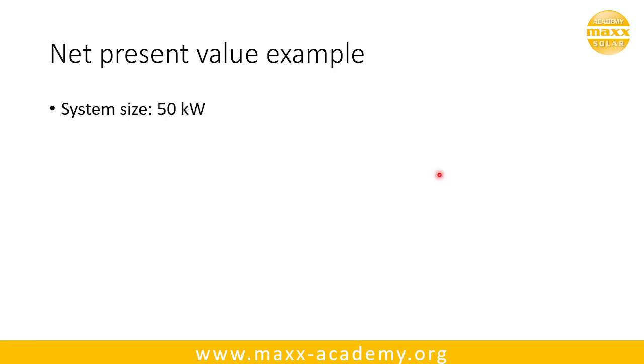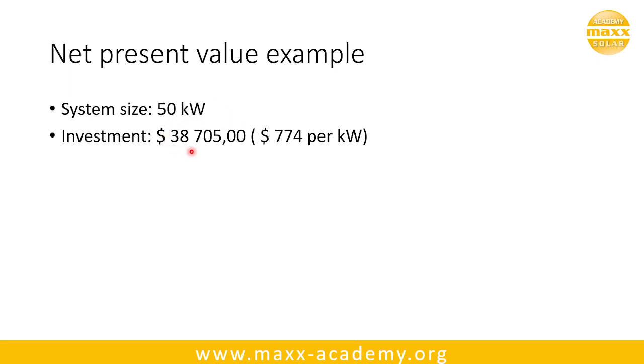Let's have a look at this practical example of a solar system. We've got a 50 kilowatt system. The cost is $38,705.